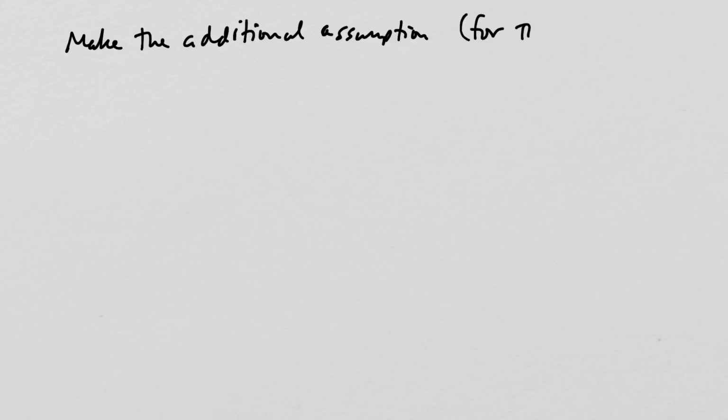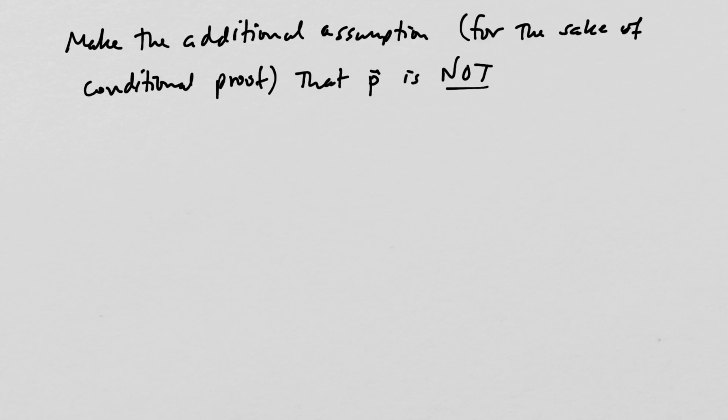The logic for us is going to be that we're now going to make the additional assumption, for the sake of conditional proof, that P is not a solution of the degeneracy system.